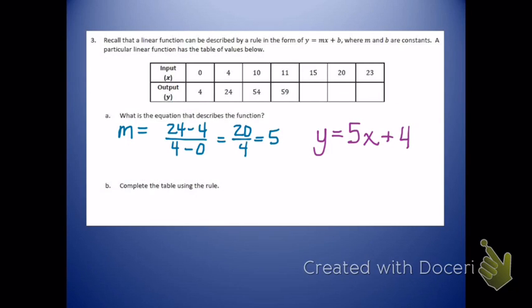So I'm going to complete the table using my rule, and I'll get 79. 5 times 15, whoops, 5 times 15 is 75, and plus 4 is 79. Then I get 104 and 119 using the same method.